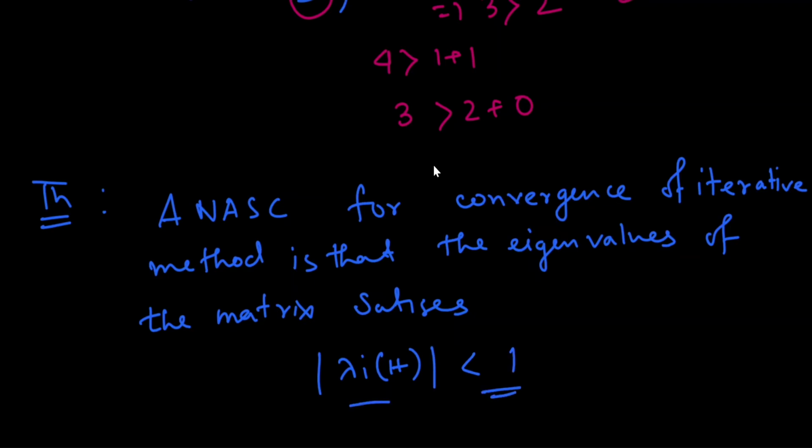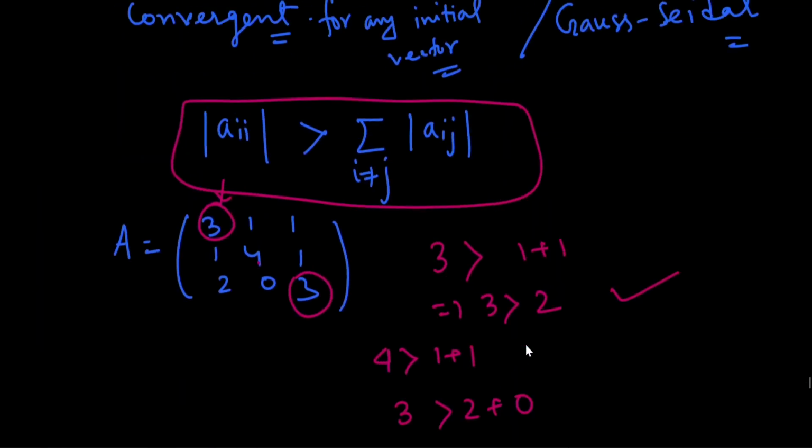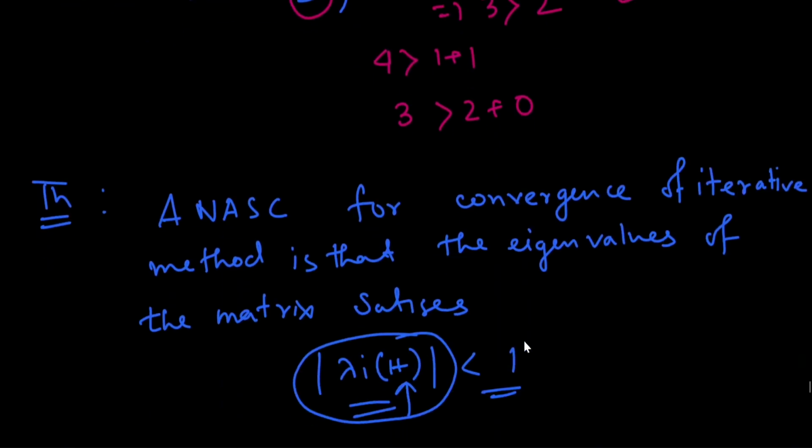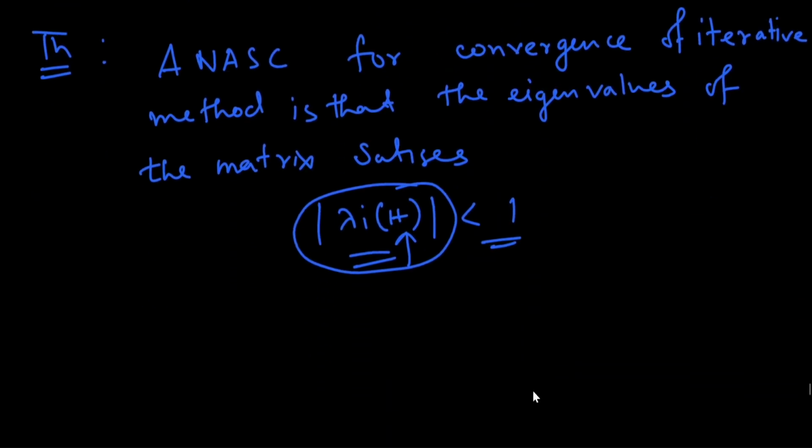This H is clearly called the Jacobi iteration matrix, and this lambda_i(H), that is the eigenvalues, gives the spectral radius. This is known as the spectral radius of this scheme.